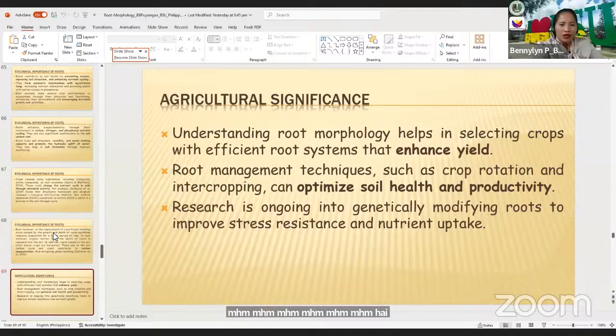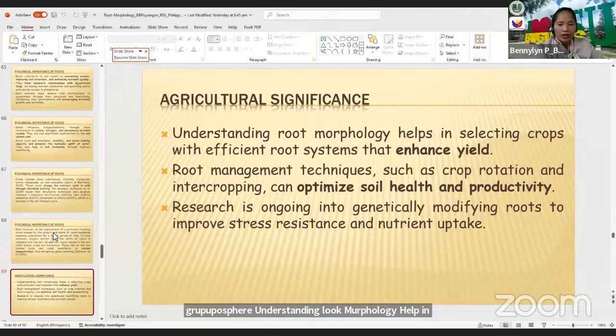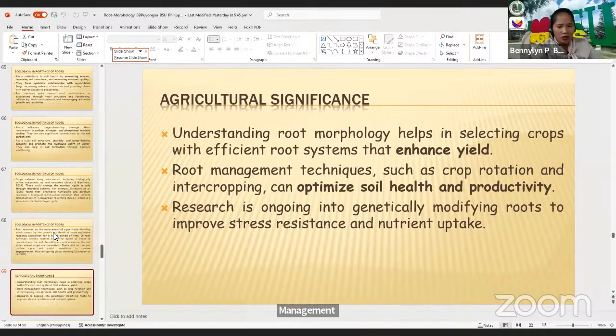Okay, so in terms of the agricultural significance, understanding root morphology helps in selecting crops which have efficient root systems that enhance the yield. Root management techniques such as crop rotation and intercropping can optimize soil health and productivity. So if you know how to manage which crop to plant, through crop rotation, intercropping or other root management techniques, it can at least optimize your soil health and productivity.